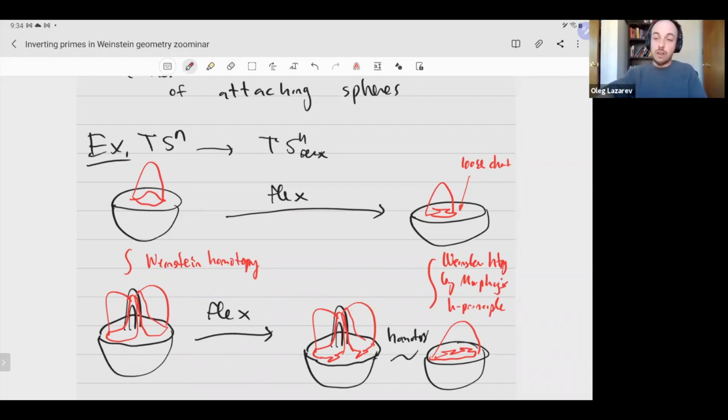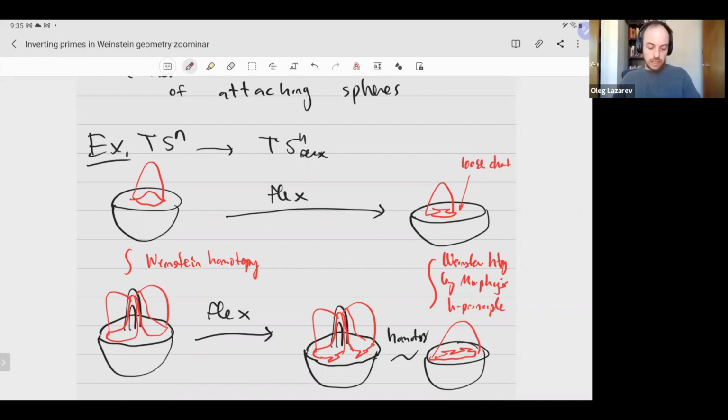Basically, whenever you have Legendrians with loose charts that are smoothly isotopic, plus a little bit of tangential data, they will be Legendrian isotopic. So the point is that this invariance under Weinstein homotopy of flexibilization is essentially equivalent to some kind of h-principle.